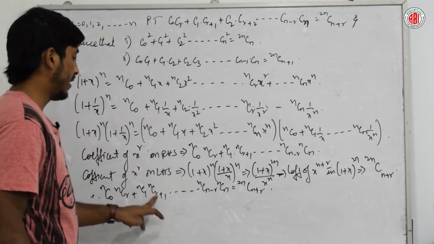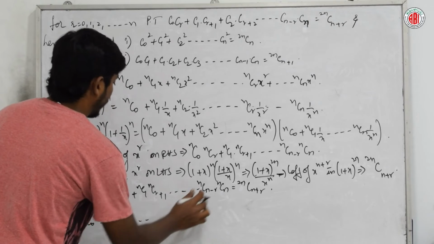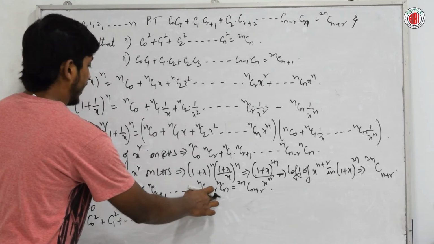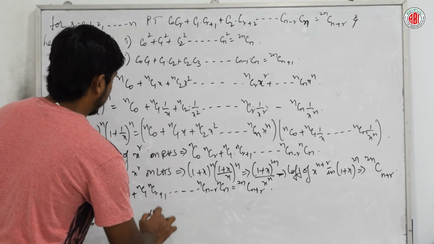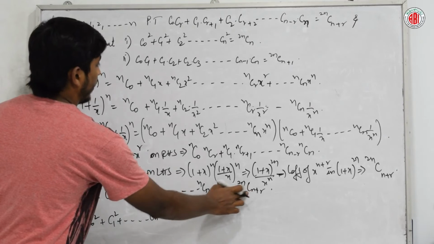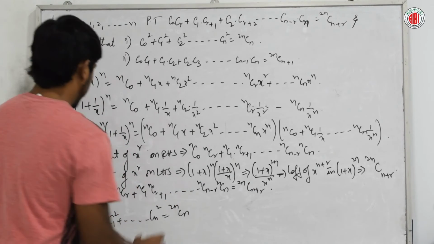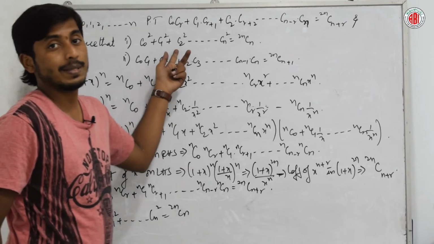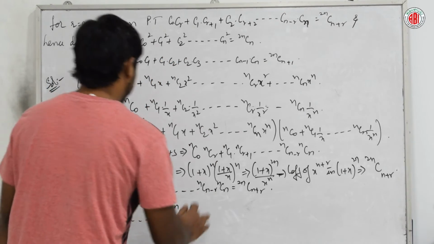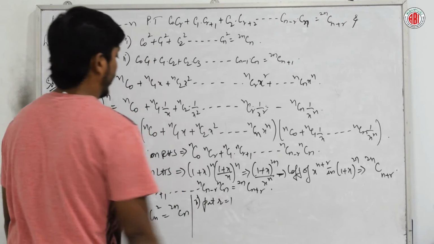Here c1, 0 plus 1 again c1 square and so on up to n minus 0, that is n. ncn again this is cn square, that is nothing but 2n cn. That's what he asked us to prove. Simple. Yes?